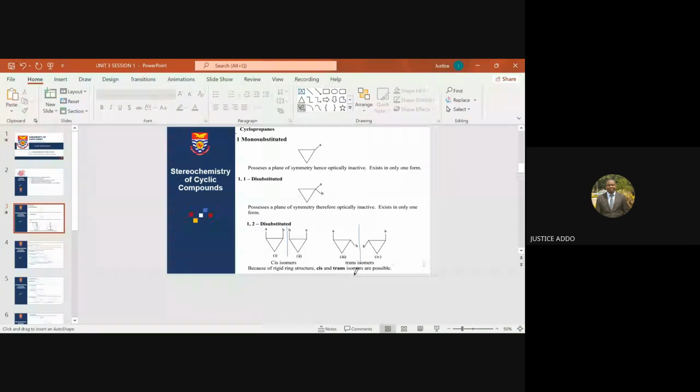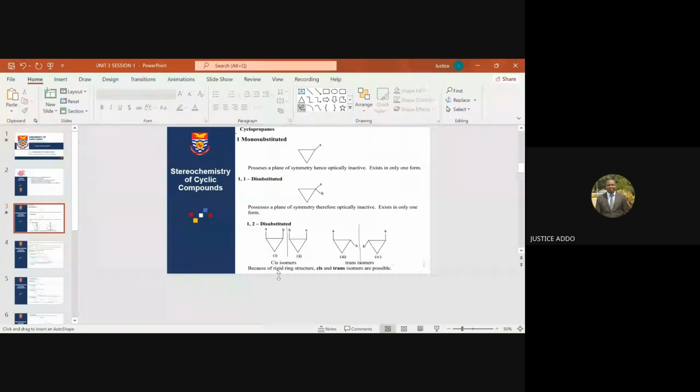But if you go further to define A and B, and then A and B are the same, then there will be an element of symmetry in the cis isomers. So because this A is the same as this B, it means that a plane of symmetry exists.